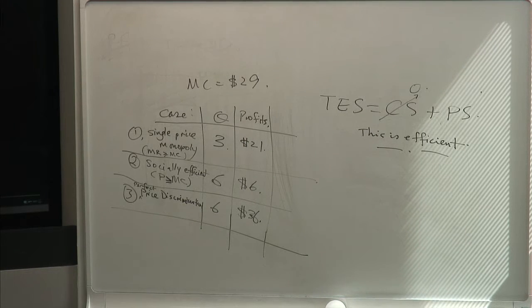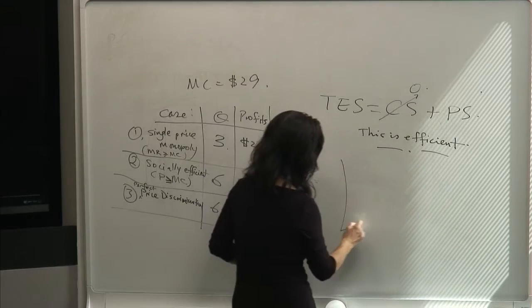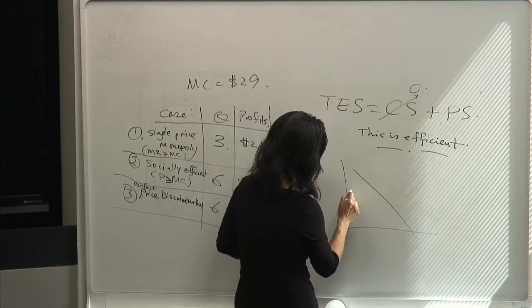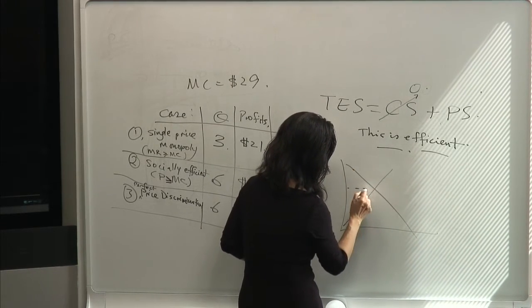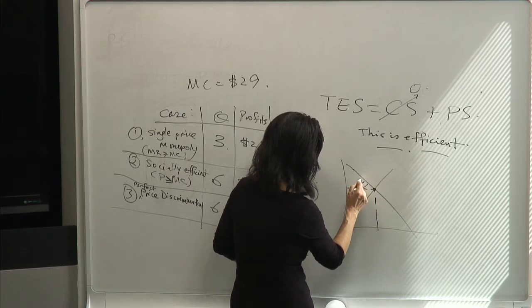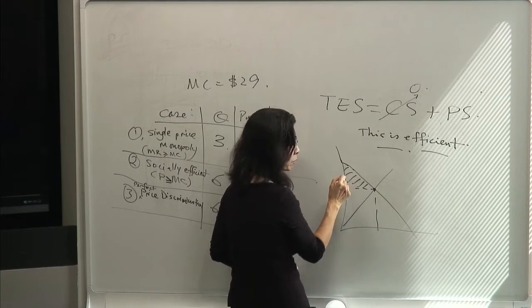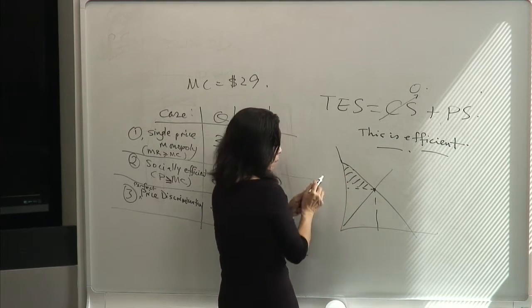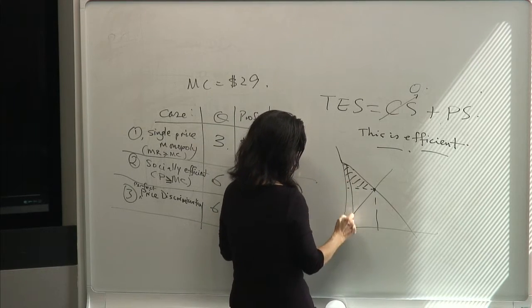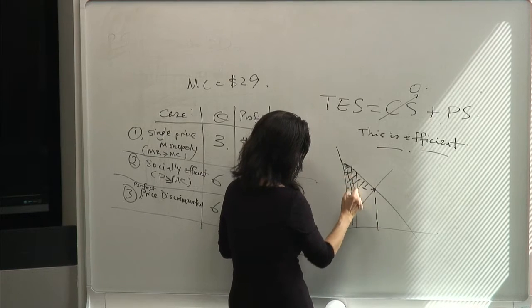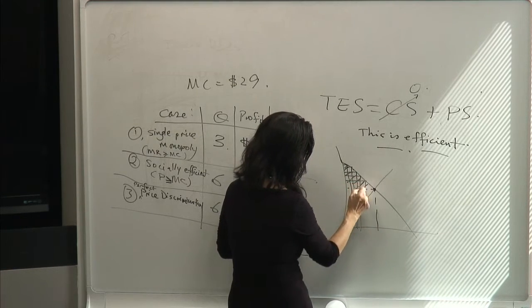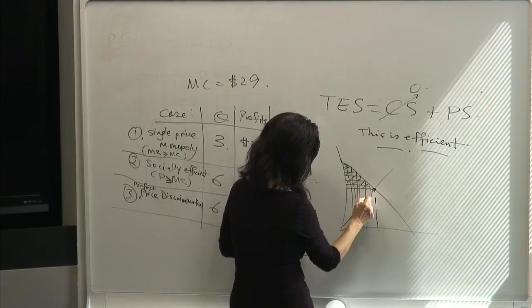Okay, if you look at a diagram, it's sort of like this. Remember this diagram we have. So this is basically your consumer surplus. And what consumer surplus is, remember the Michael Jackson concert tickets. So you will charge like that, right?